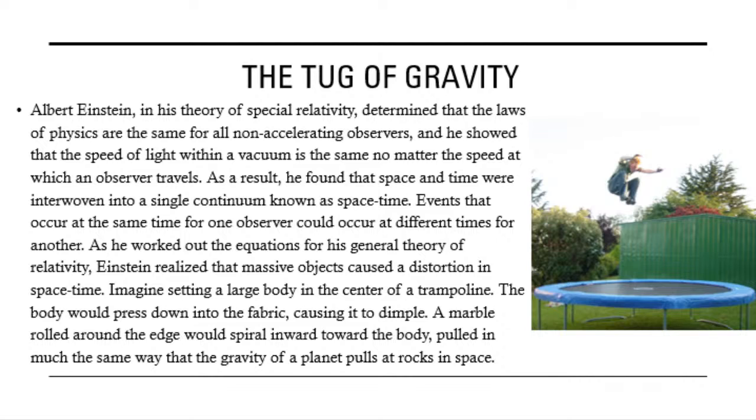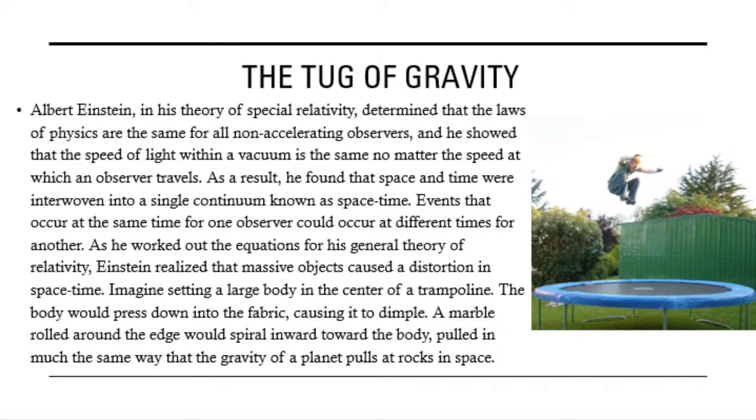Before this, Albert Einstein, in his theory of special relativity, had determined that the laws of physics are the same for all non-accelerating observers. And he showed that the speed of light within a vacuum is the same, no matter the speed at which an observer travels.